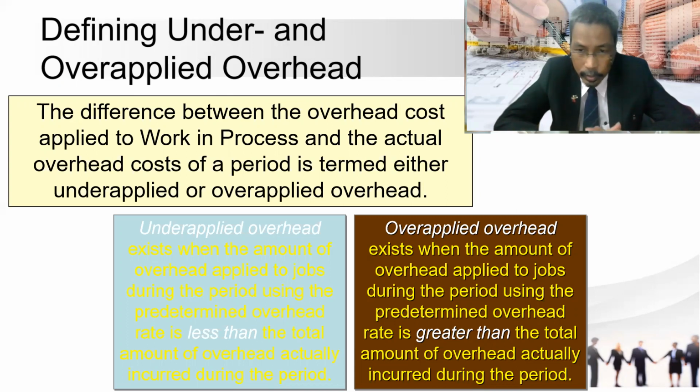Over-applied overhead exists when the amount of overhead applied to jobs during the period using the predetermined overhead rate is greater than the total amount of overhead actual. So when our estimate is greater than the actual, that means we have over-applied overhead.